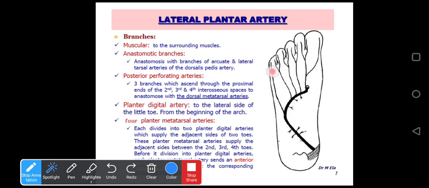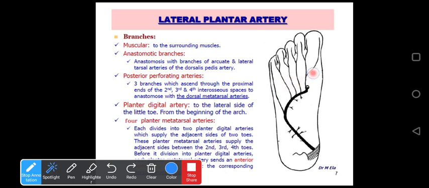The distal branch here is a direct branch from the lateral plantar artery, but for the other toes, the distal branches are from the metatarsal arteries. So we have four metatarsal arteries, 1, 2, 3, 4.